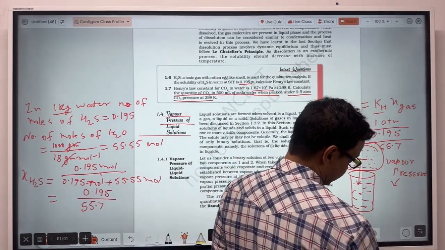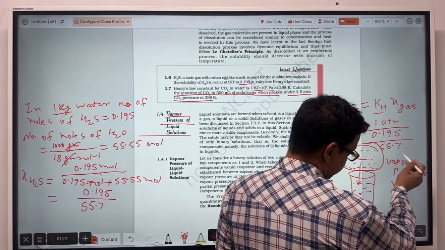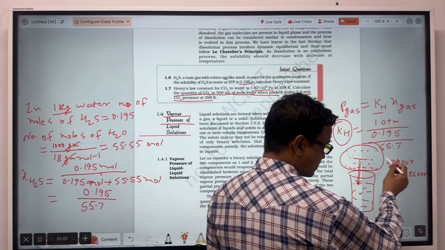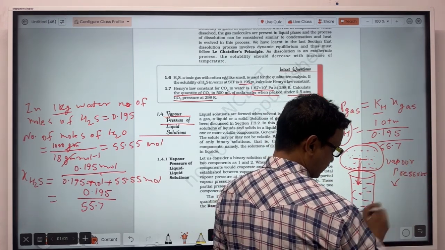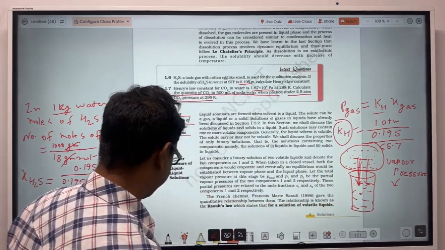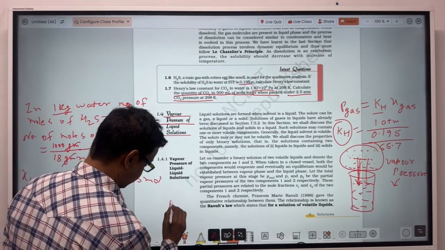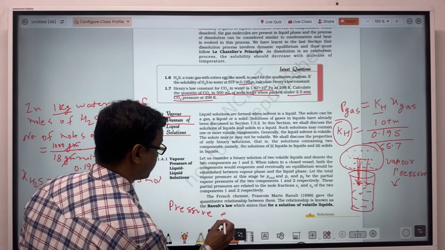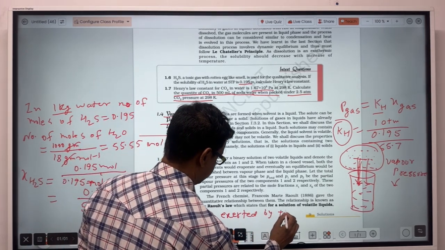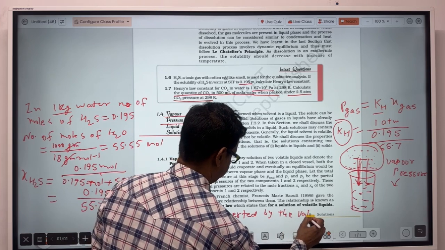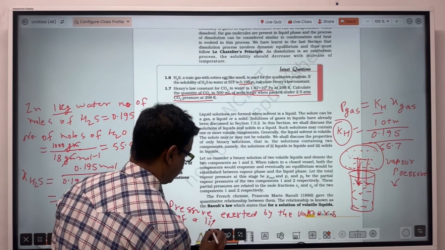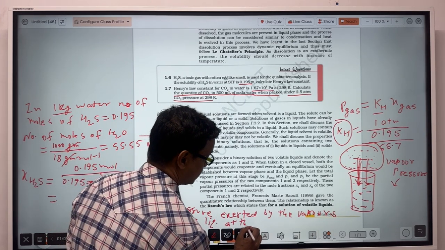Vapor pressure is the pressure exerted by the vapors of a liquid at the surface of that liquid.